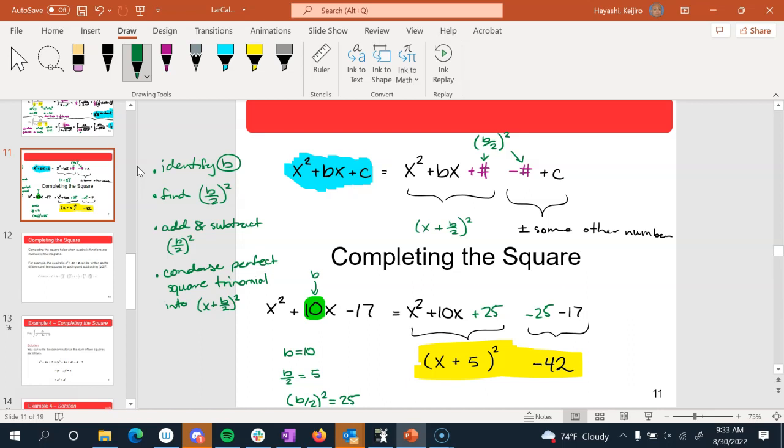In case you do have a constant in front of the x squared, let's say your trinomial starts off with like a 9x squared or something like that, then all you need to do in order to be able to do this is just factor that constant out. If you have like 3x squared plus a bunch of other things, just factor that 3 out.